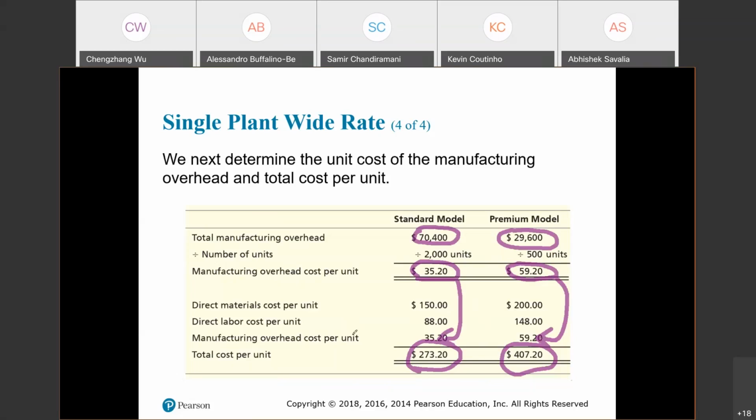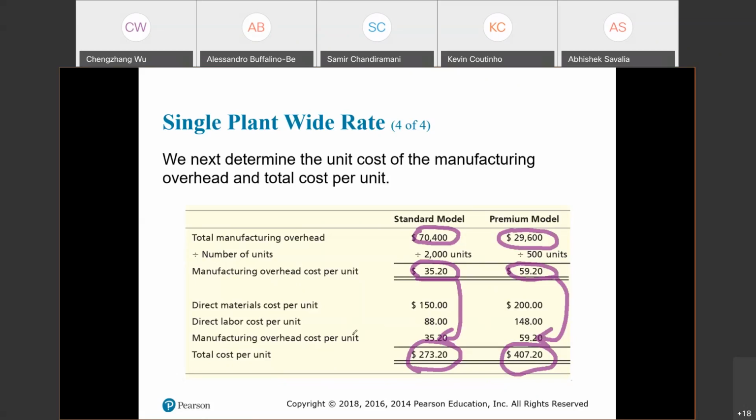In other words, is there a relationship between labor costs and overhead costs? If so, then it is appropriate to use direct labor cost as the allocation base.